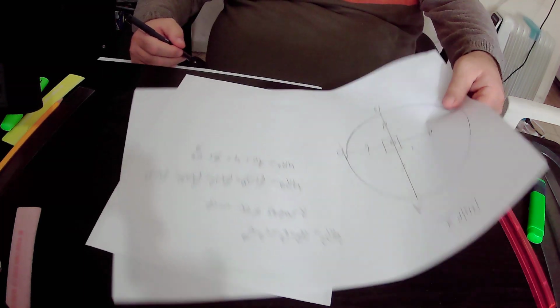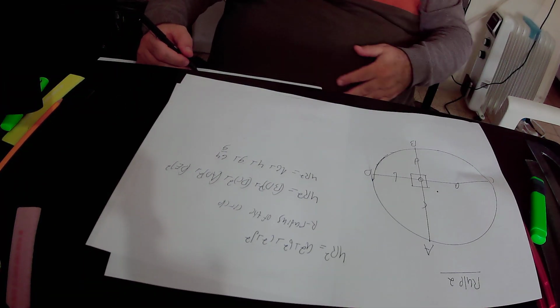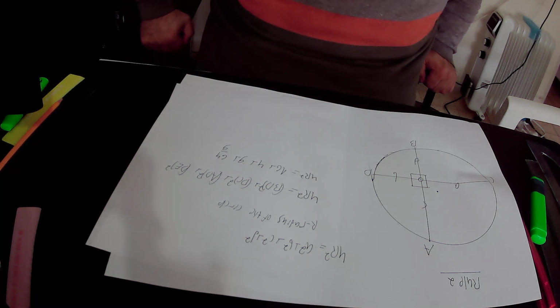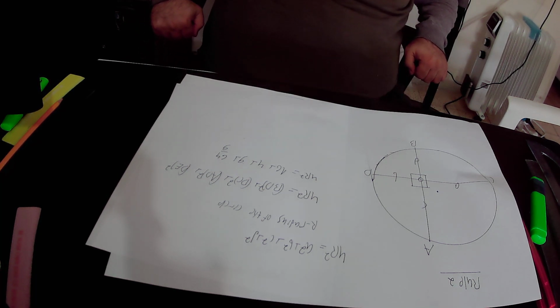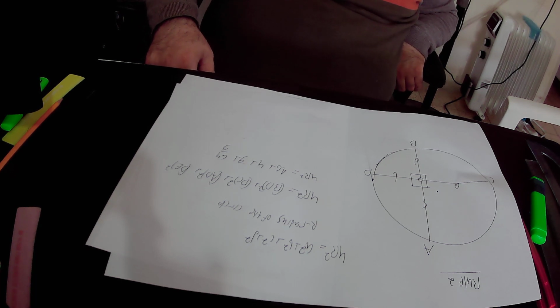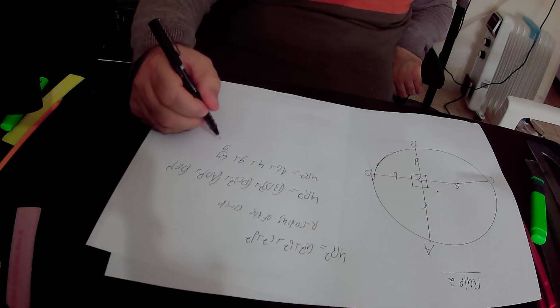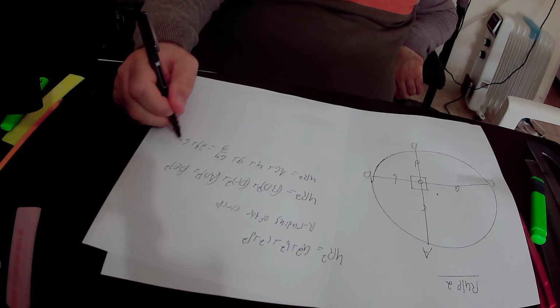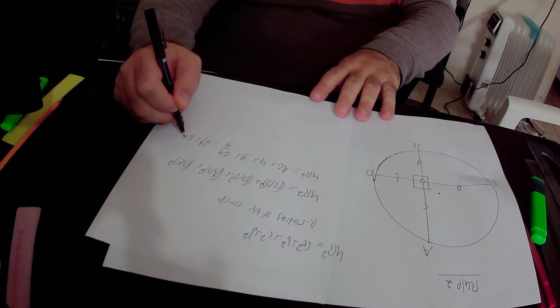So in conclusion, 4 times R squared equals 16 plus 4 plus 9 plus 64 over 9. 16 plus 4 is 20, 20 plus 9 is 29, so here we have 29 plus 64 over 9.